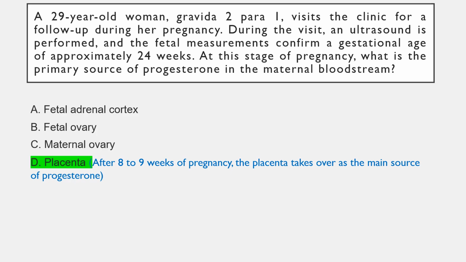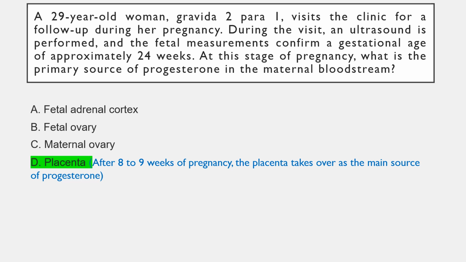The correct answer is D. Placenta. In the early stages of pregnancy, before 8 to 9 weeks, the maternal ovary plays a crucial role in producing progesterone through the corpus luteum. Now, the corpus luteum is a temporary structure formed in the ovary after ovulation.